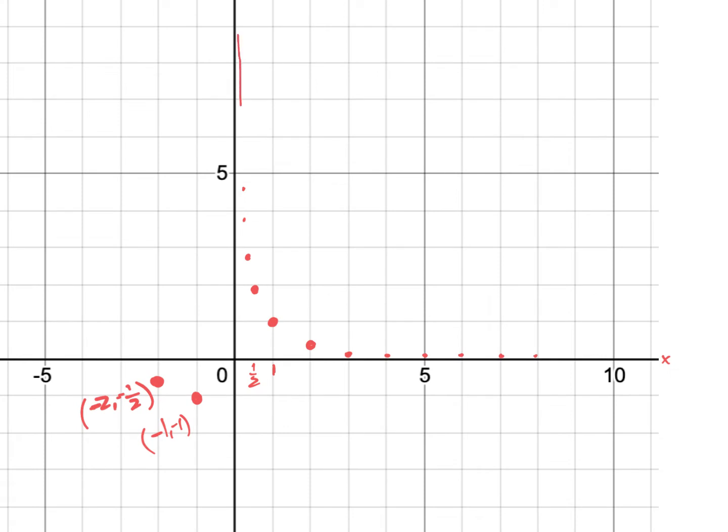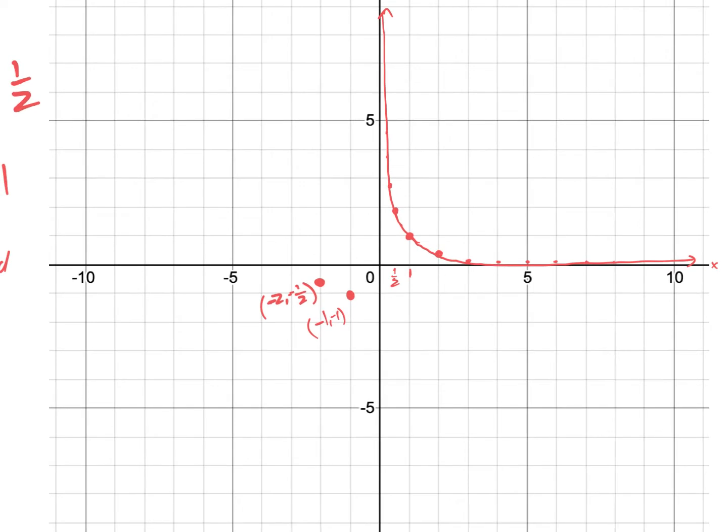And this curve is going to look like this. It's a curve that goes through all of these points. It gets really close but doesn't actually touch each one of these axes. And you can see this happening for both the negative and the positive versions of this curve.